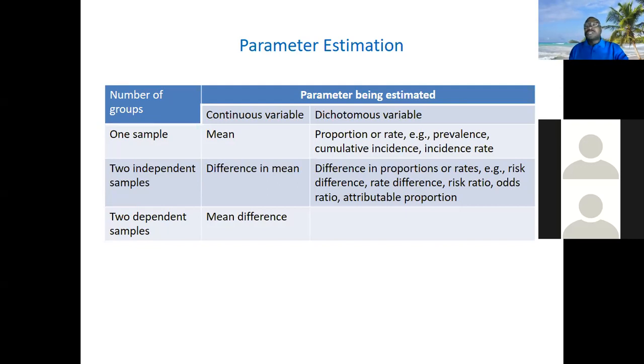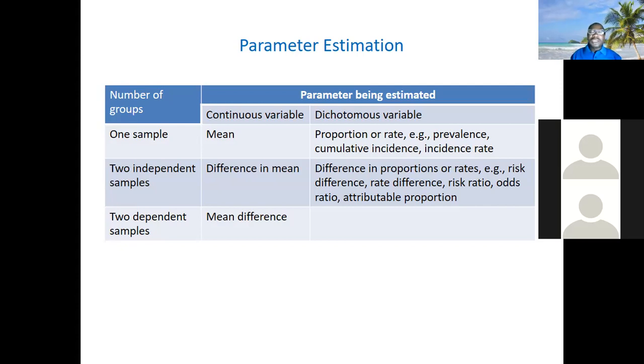So when we talk about parameter estimation, there are two factors that determine the type of estimate or the way you do the estimate. One would be the type of variable. Are you dealing with a quantitative variable or a categorical variable?